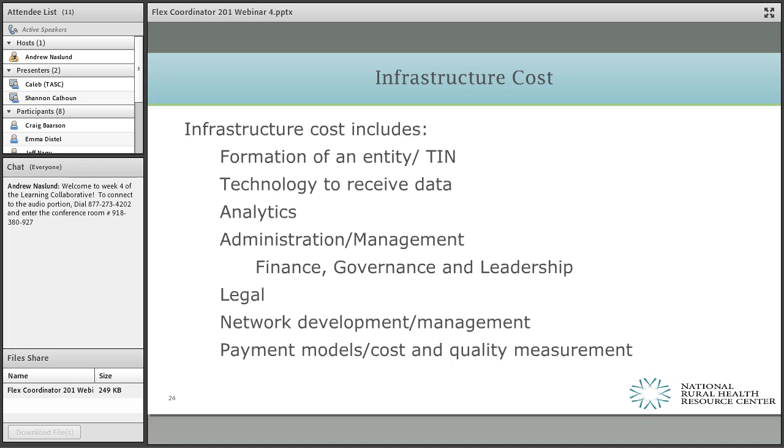And payment models, the delivery, the maintenance, and the implementation of the cost and quality measurements to participate in the payment models could end up being another department as well.